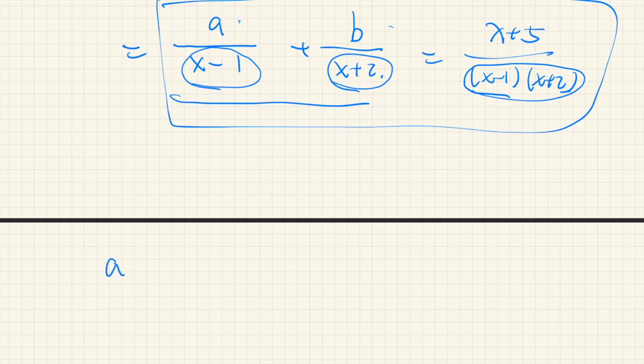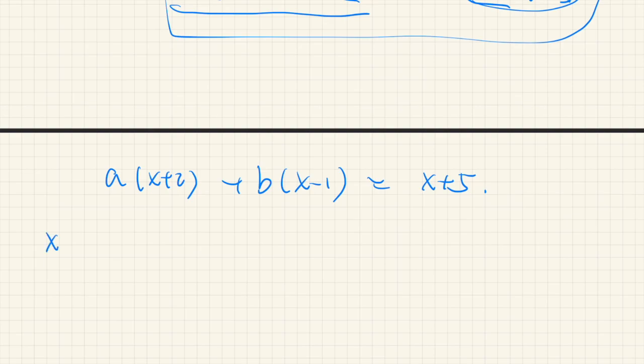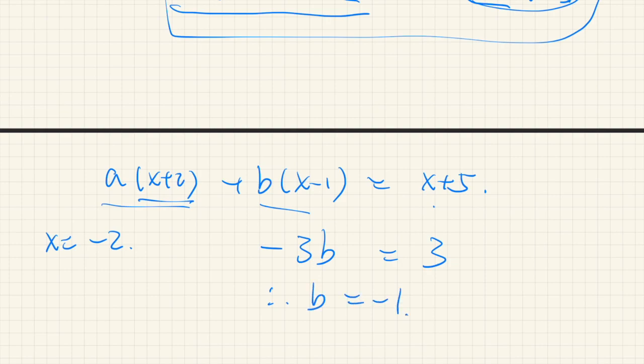On the left hand side, the x minus 1 cancels, and we have a times x plus 2, and here we have b times x minus 1, which is equal to x plus 5. If we put x equal to negative 2, then the first term will be 0, so it's gone. From here we have negative 3b, and here we have 3. So that means b should be negative 1.